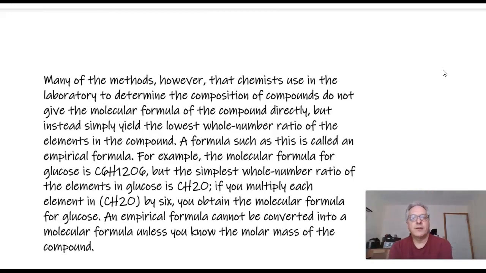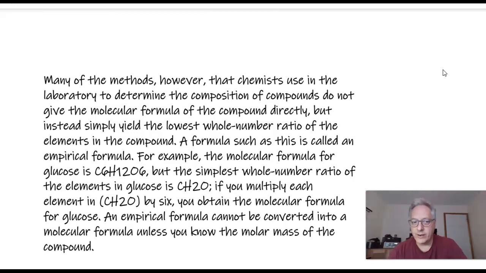I will tell you though, and let me read this to you. This little paragraph comes from a larger discussion, but I'll read it to you anyway, and we'll go ahead and discuss it. It says many of the methods, however, that chemists use in the laboratory to determine composition of compounds do not give the molecular formula.